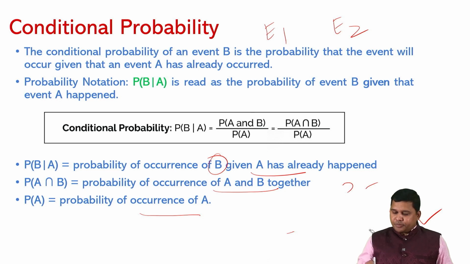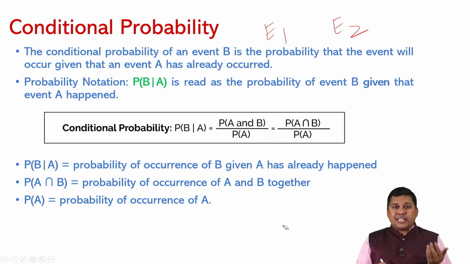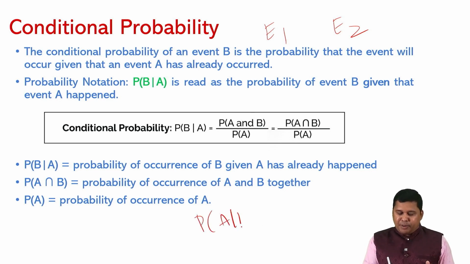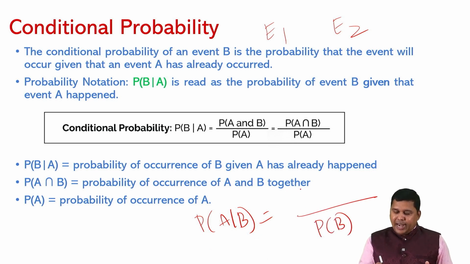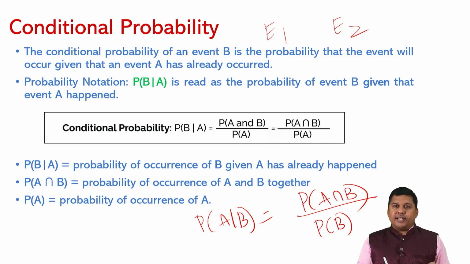Suppose event B has already occurred and you are trying to find the probability of event A. In that case it will be P of A by B, which means the probability of event A given that event B has already occurred. Here the denominator will be P of B and the numerator will be P of A intersection B. This is the conditional probability.